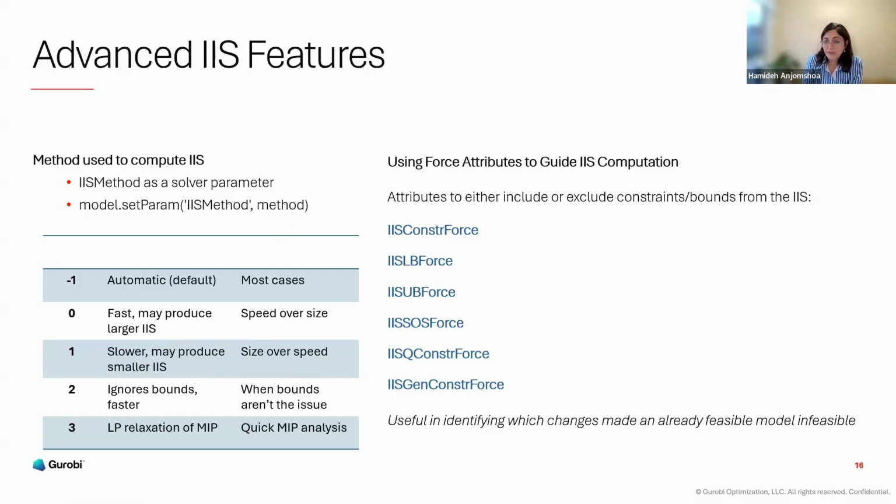I thought to share some of the advanced features when you're using IIS calculation. It is important you use your knowledge. Sometimes you know that the new business rules that the stakeholders ask to put into your model, and then it says, bang, and that new business rule brought up some infeasibility.